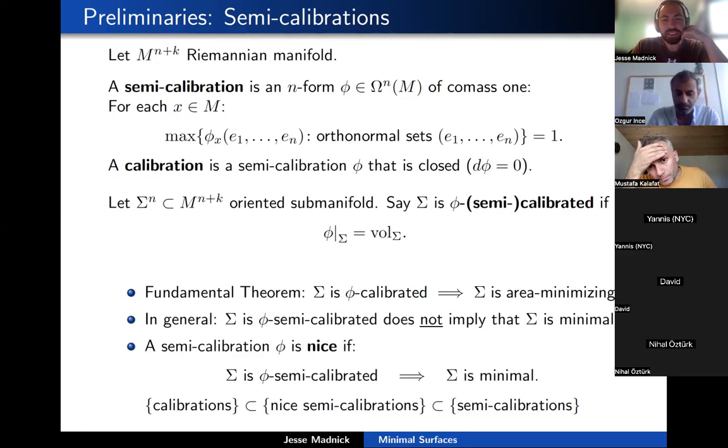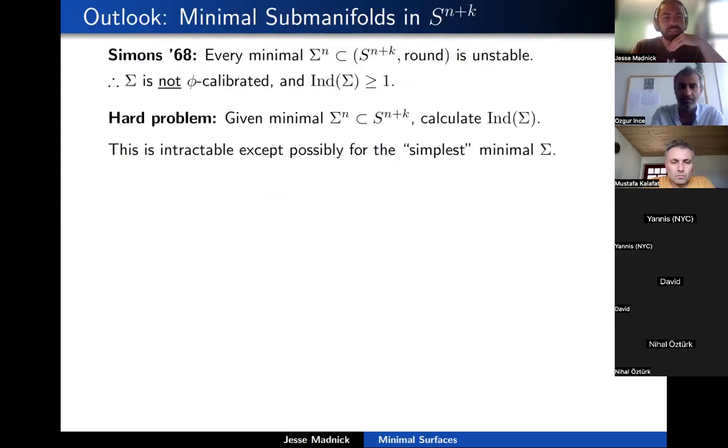So the nice semi-calibrations form a subclass of the semi-calibrations, and that subclass includes all the actual honest calibrations. The point I'm going to make in this lecture is that nice semi-calibrations show up in spheres quite a lot. They're maybe more abundant than is commonly reported.